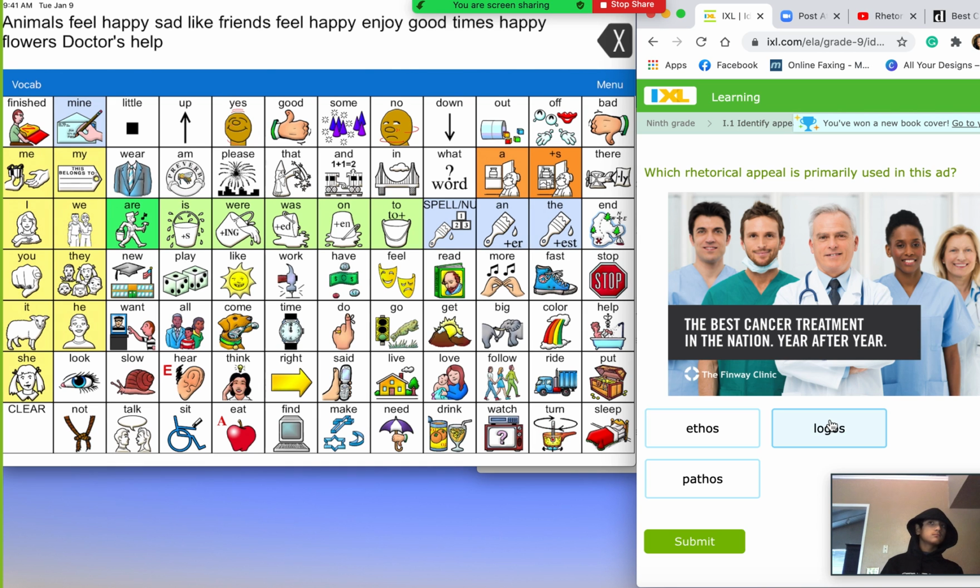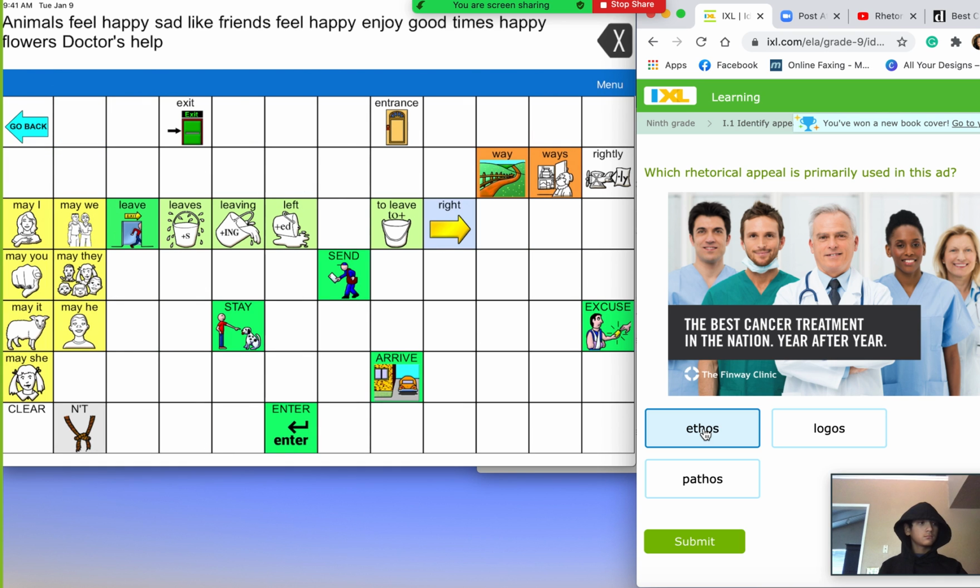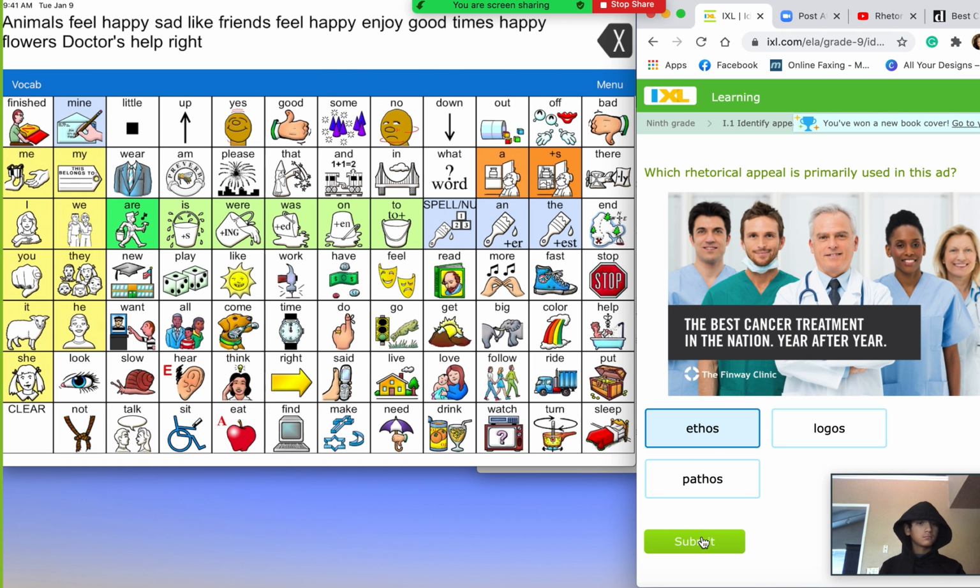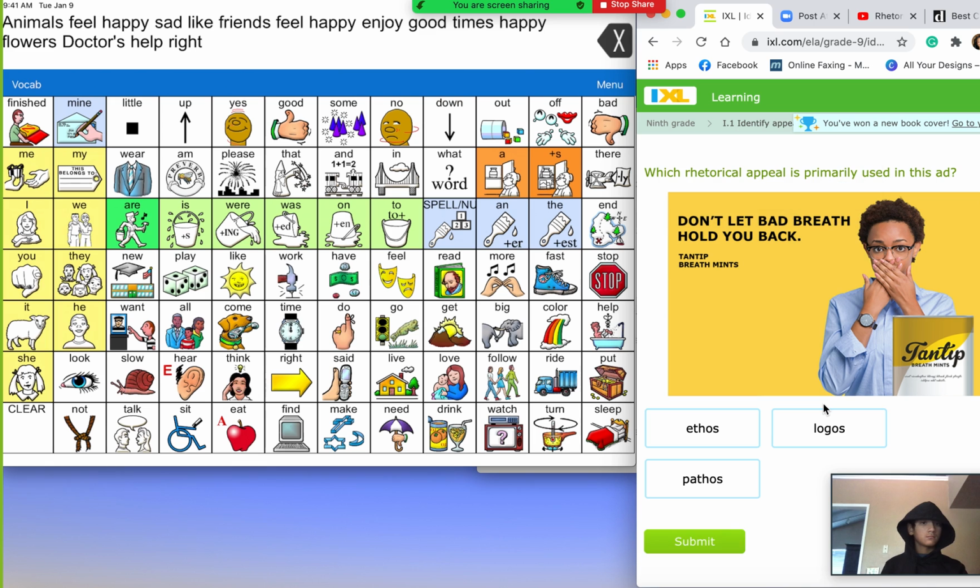They're talking about the best cancer treatment in the nation year after year. So now a doctor is going to be someone who is trustworthy. So which of these categories is going to denote that? When you choose right, that means you're going with ethos.